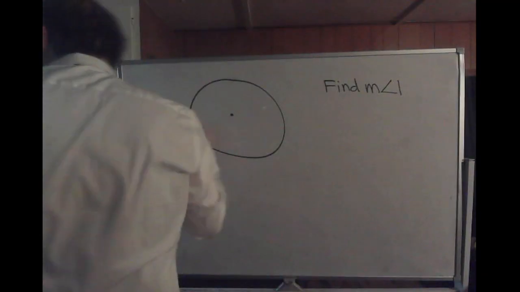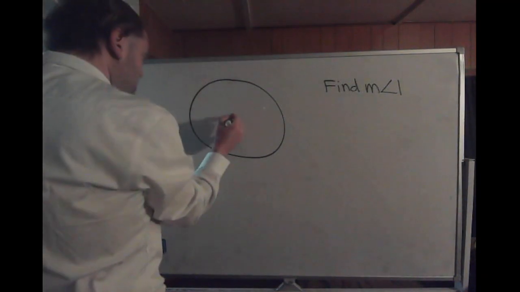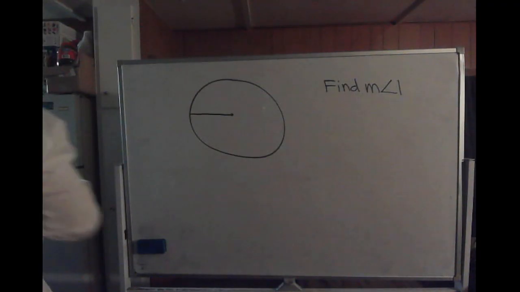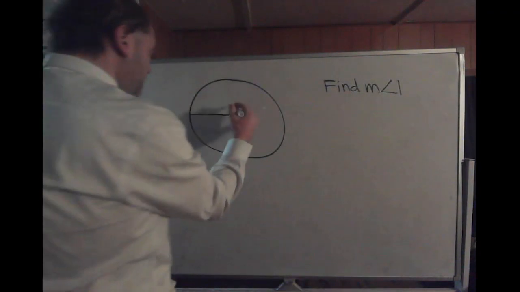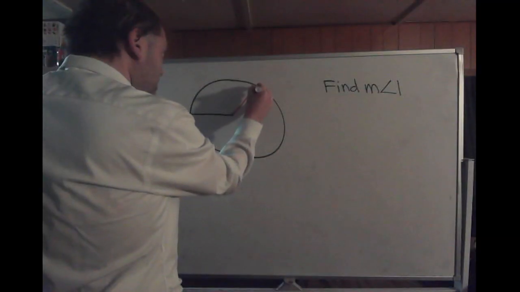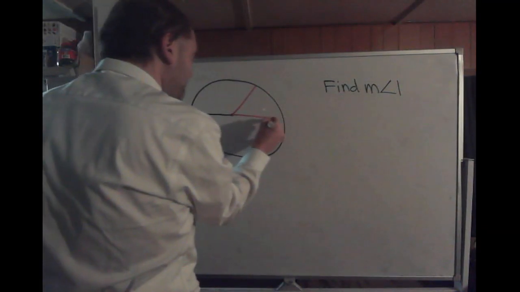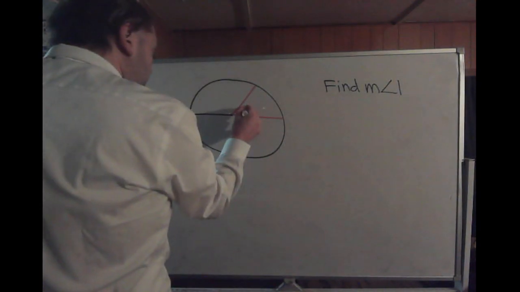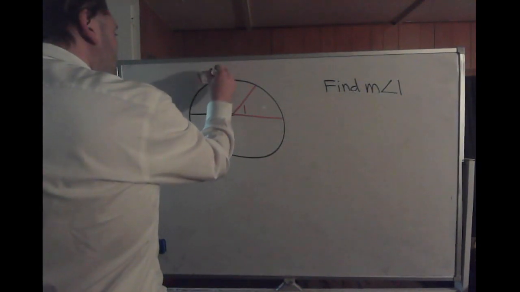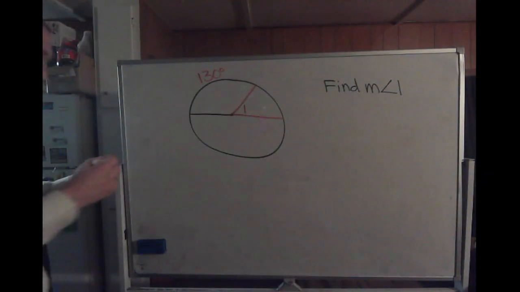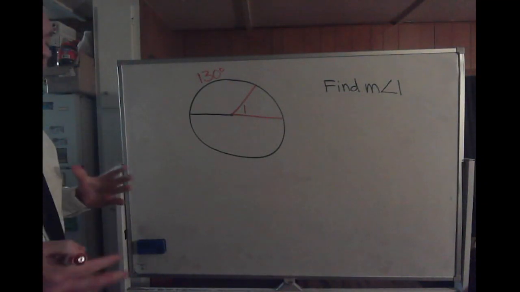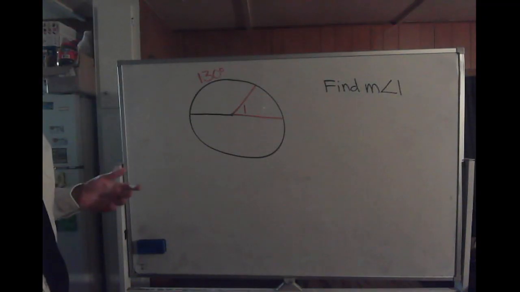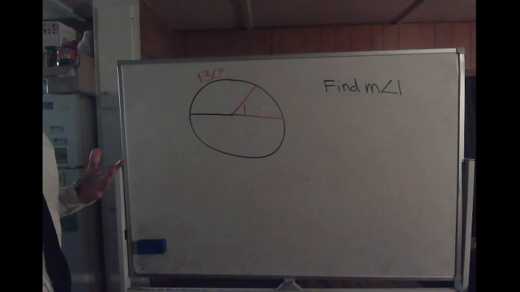See what we got now. Here's angle 1. So we have a semicircle here, right? A semicircle is half a circle.